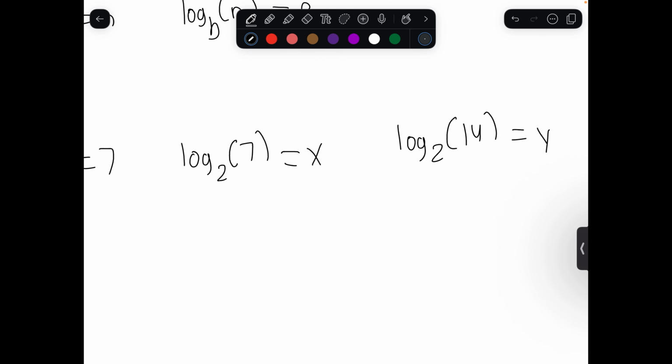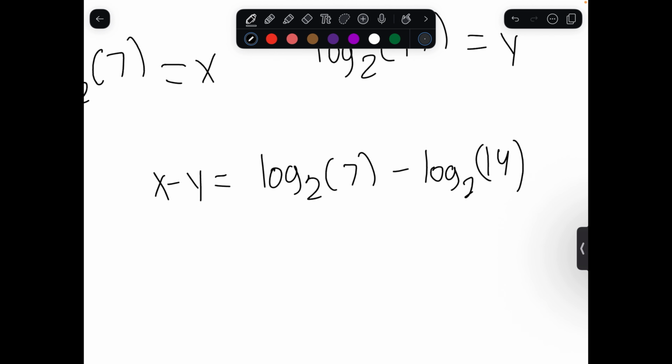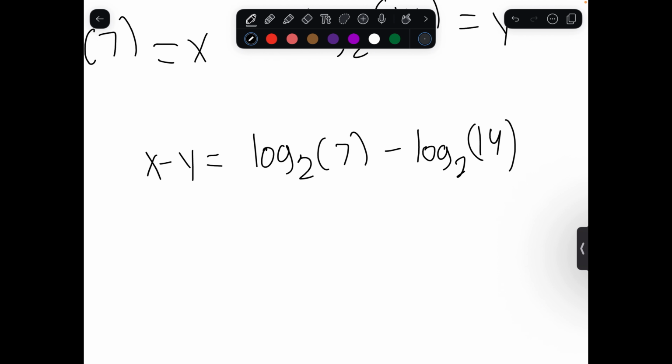So x minus y is equivalent to log base 2 of 7 minus log base 2 of 14, right? And if you know the log properties, when you're subtracting the same base, it's going to be division. So it's going to be log base 2 of 7 over 14.